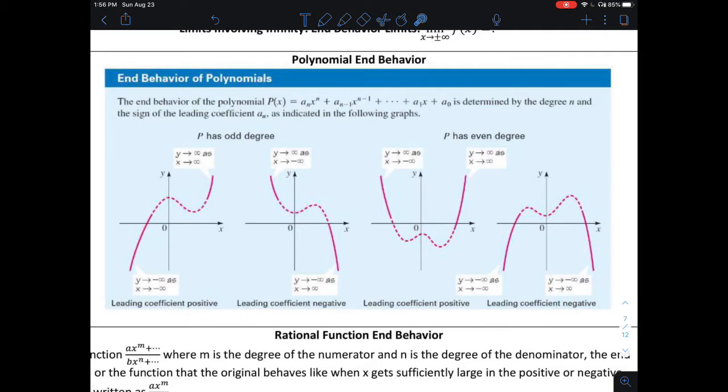In terms of a limit, for an odd degree polynomial, the limit as x heads towards negative infinity will equal negative infinity, and as x approaches positive infinity, y will approach positive infinity as well.